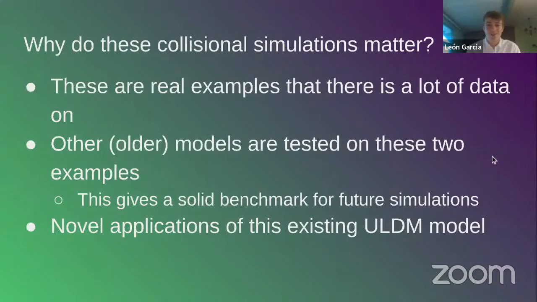And these collisional simulations are important because, again, the universe is at a cosmological turning point where we are physically seeing galaxies collide with one another and developing the universe over cosmic time. And so what we see is that we can use real data to input into dark matter models, which are purely theoretical.